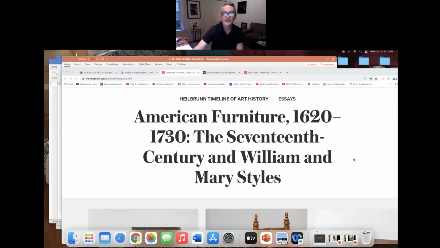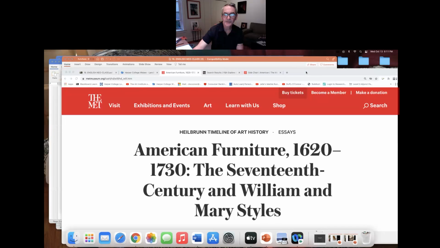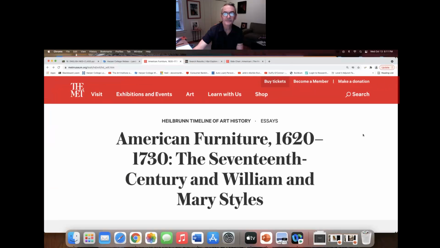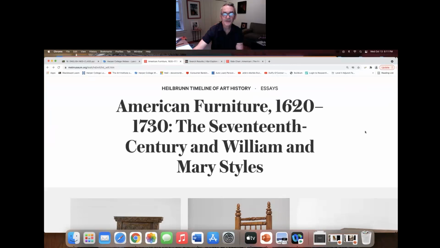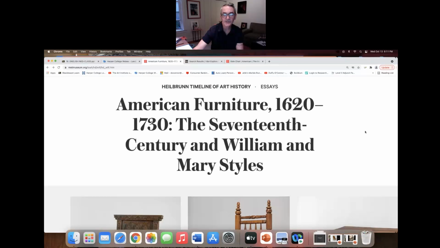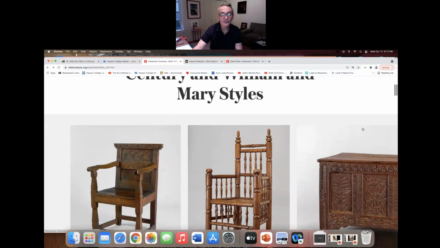Okay, so this is from the website of the Metropolitan Museum of Art. It's part of an essay, American Furniture 1620-1730. So this roughly corresponds with the French Baroque era. Really, it even starts a little bit before the Baroque era.